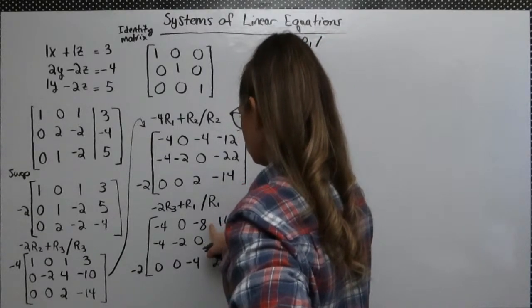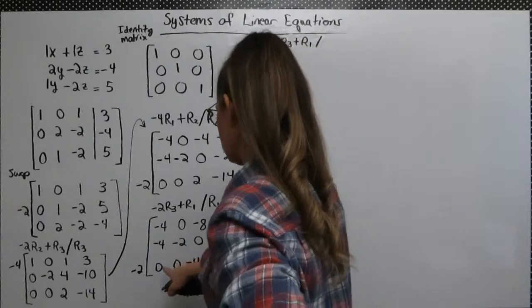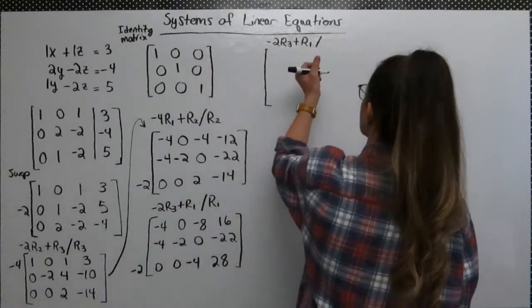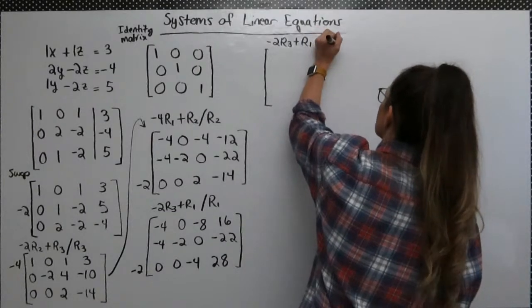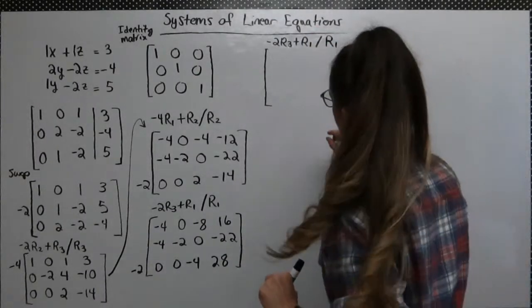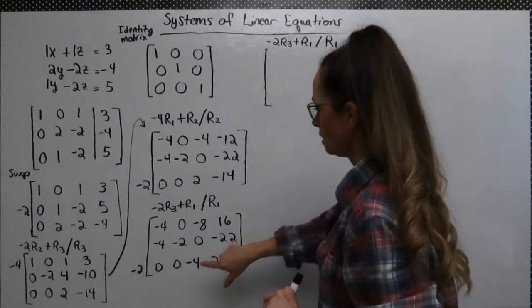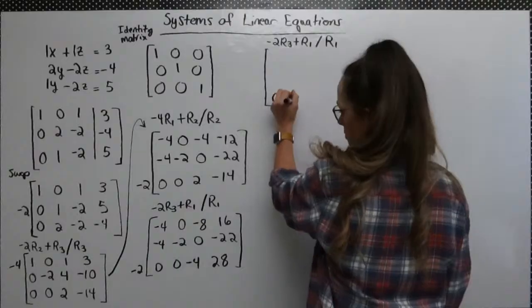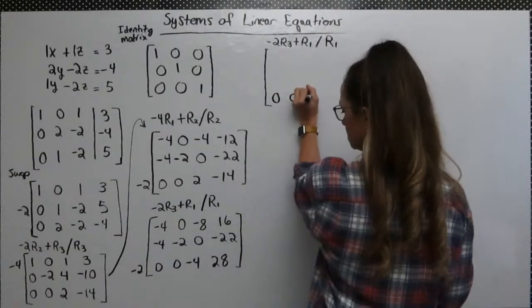That'll become 0. That'll stay the same. Okay, we're gonna replace row 1. I think that's the best thing to do. All right. So we've got 0, 0, +8.